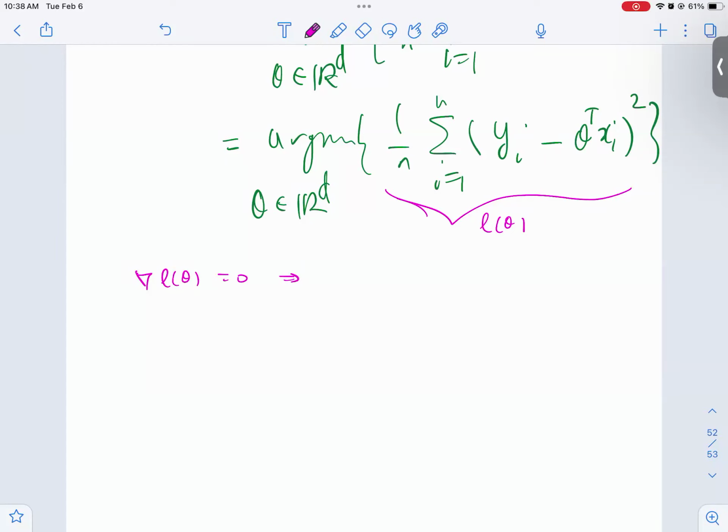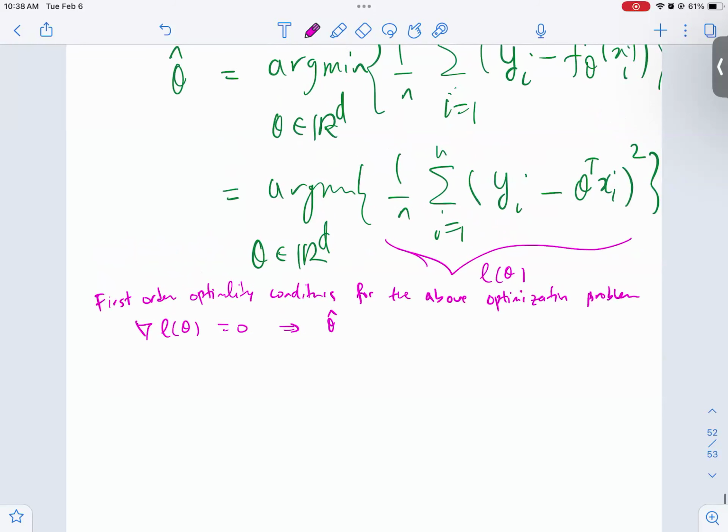There's a unique solution, given by the first order conditions, or optimality conditions, for the above optimization problem. That would give you theta hat.